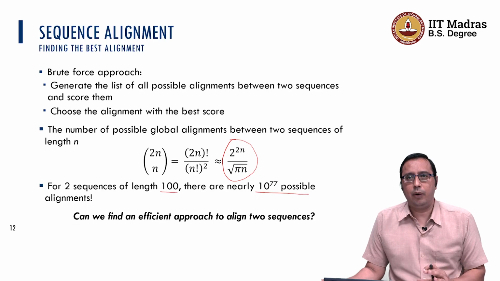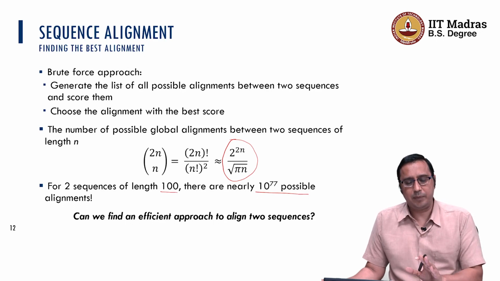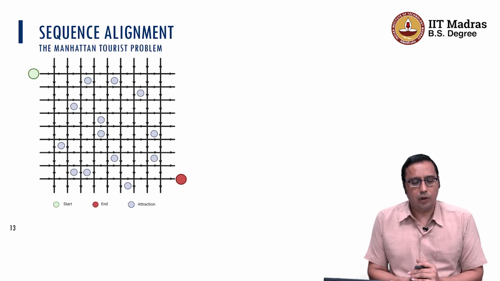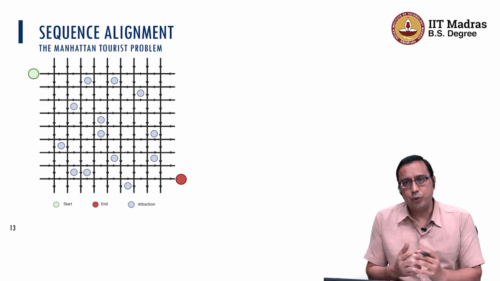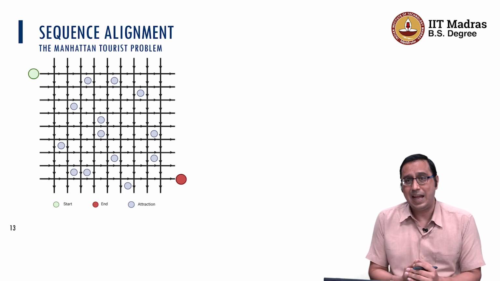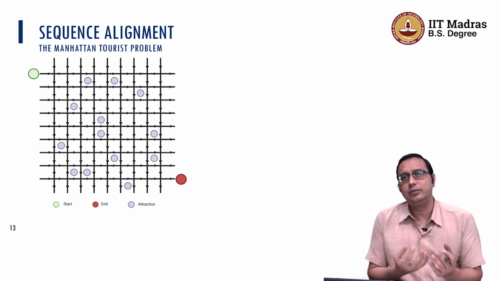So what I'm going to do now is move away from the sequence alignment problem and look at a problem which many people are studying, called the Manhattan tourist problem. I'll take a detour from the sequence alignment problem to see if there is a similar problem, so that I can use its solution to solve the sequence alignment problem.